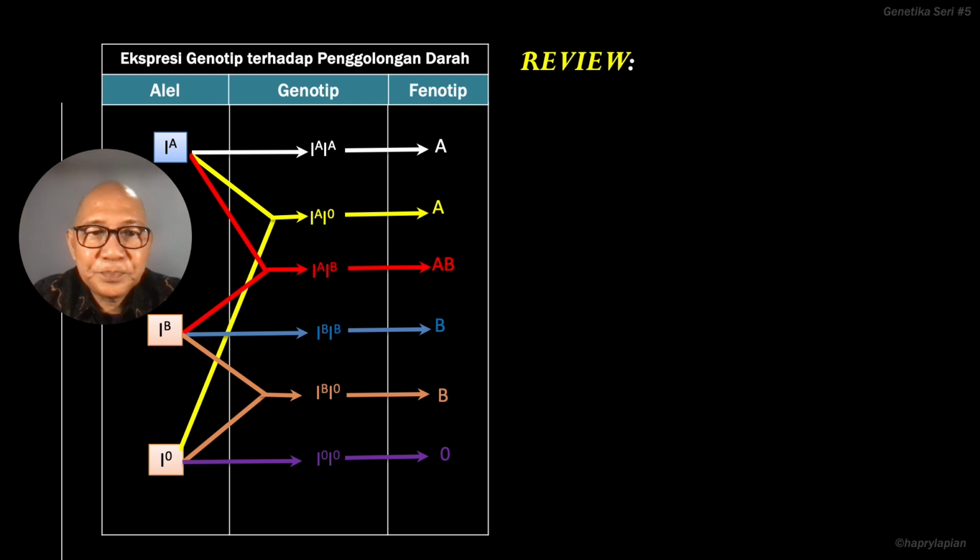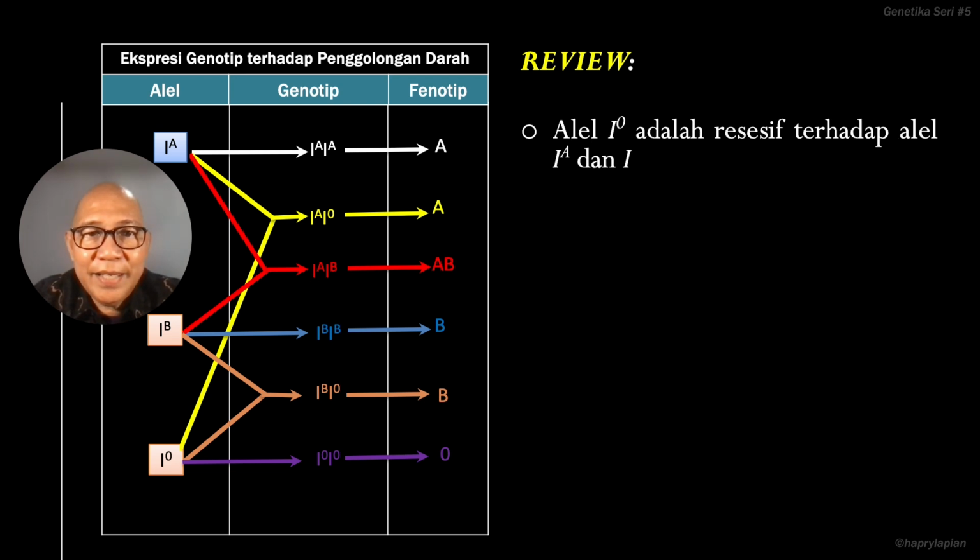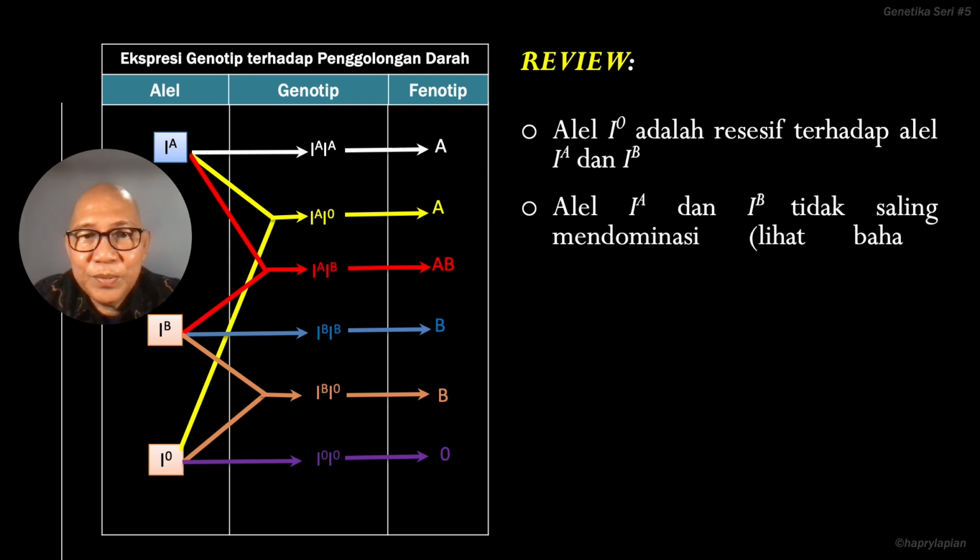To sum up, allele IO is recessive to alleles IA and IB. Alleles IA and IB do not dominate each other. This is a codominance relationship.